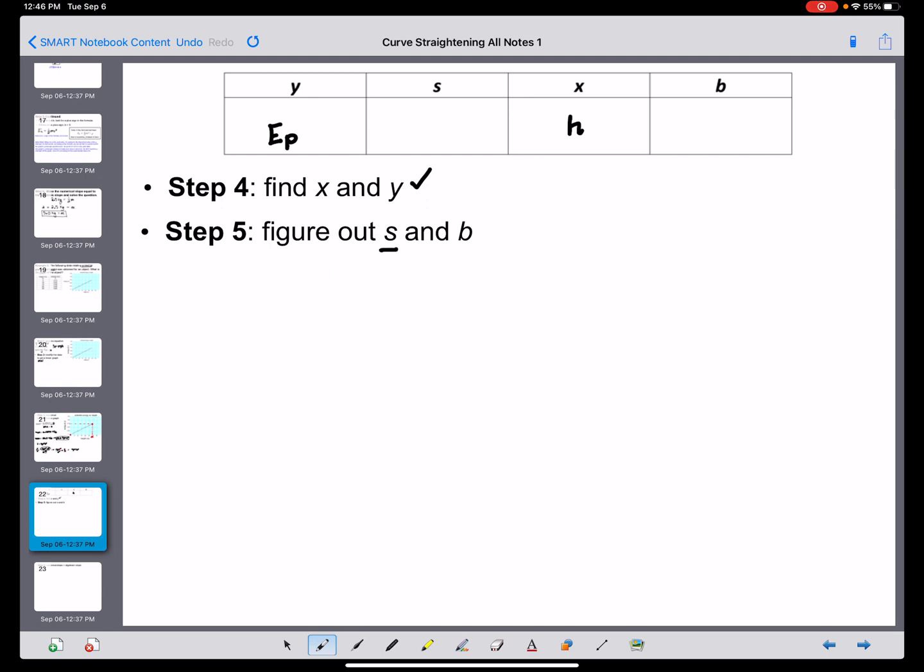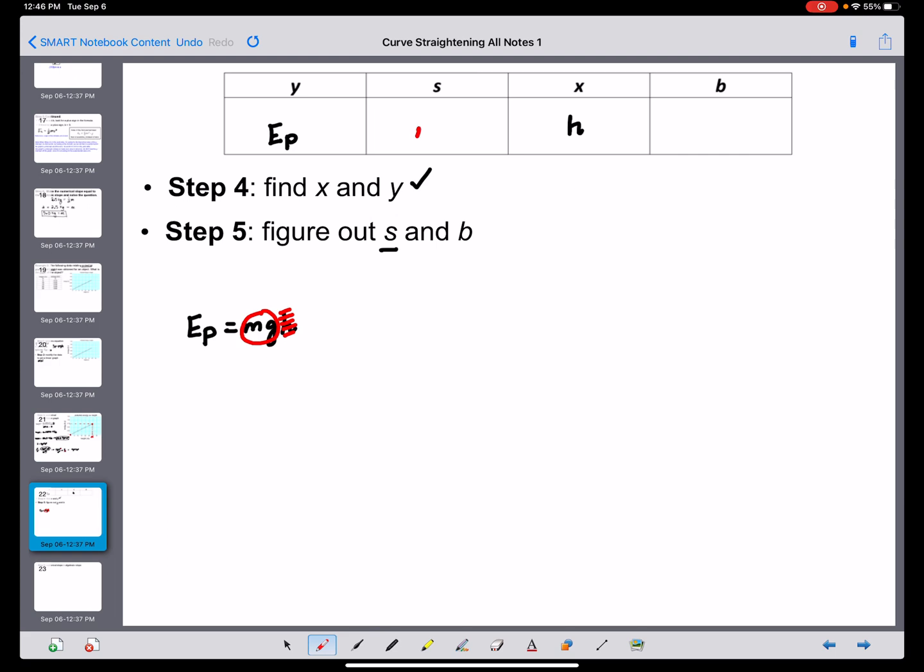Now I'm going to figure out s and b. Let's start with s. To figure out s, we write down the physics equation we found back in step 1, EP equals mgh. Remember that we cover up whatever the x variable is. So pretend here's me covering up h, because h is our x variable. Whatever is left, the part I'm circling, is what s is.